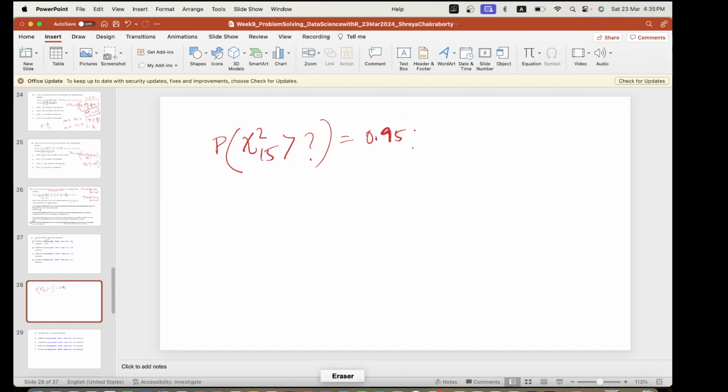Alright, so if I have to find out this thing, I'm going to write down q chi-square 0.95, then I'm going to specify the df equal to 15 and lower.tail equal to false.